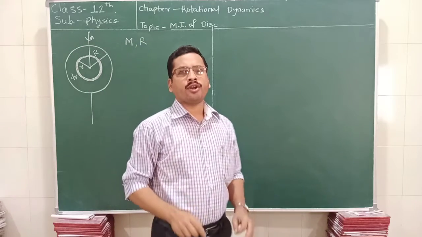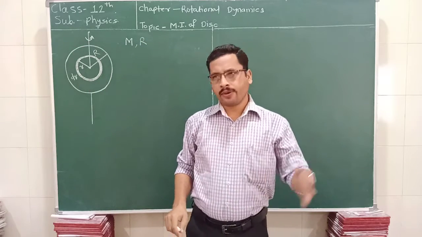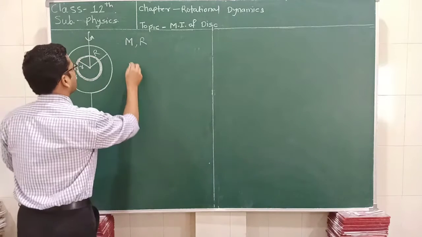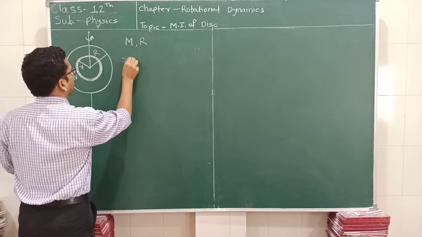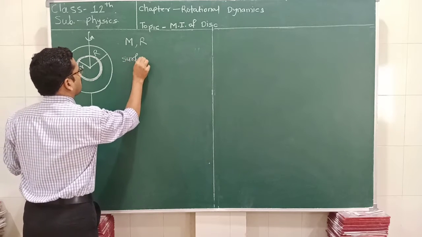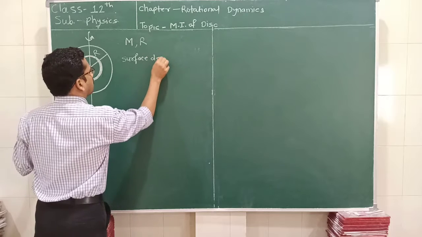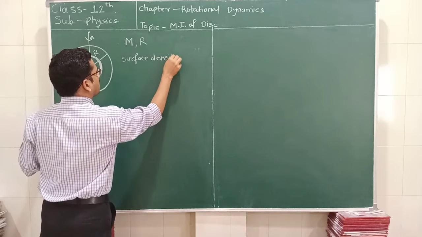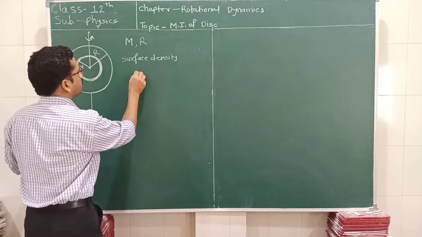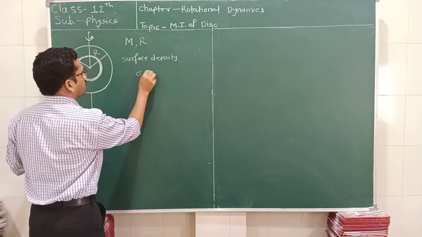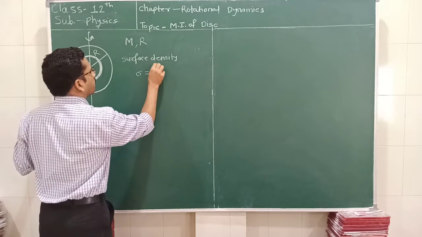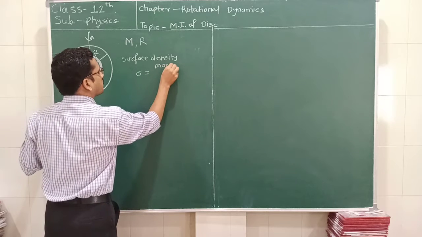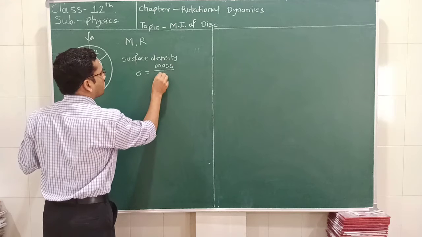Here we introduce a new term called surface density. What is surface density? Surface density sigma is equal to mass per unit area.